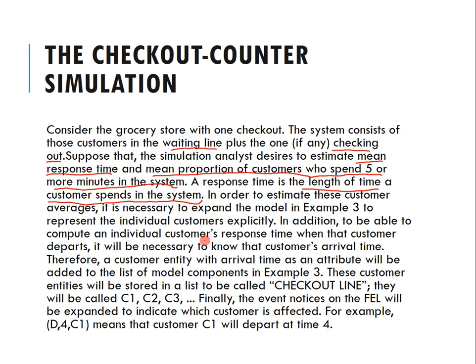To be able to compute an individual customer's response time when that customer departs, it will be necessary to know that customer's arrival time. So we need to know the customer arrival time, and therefore a customer entity with arrival time as an attribute will be added to the list of model components. This example is taken from a textbook, Example 3; you can check the textbook for more detail.